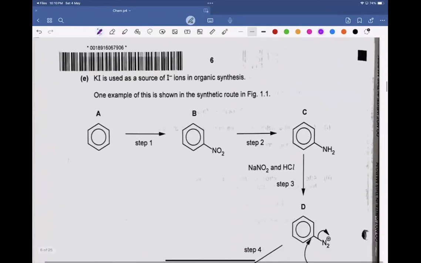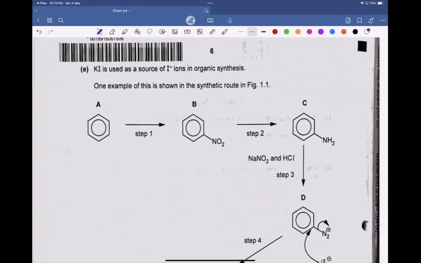Okay. Now, part E. Potassium iodide is used as a source of iodide in organic synthesis. One example of this is shown in the synthetic route in figure 1.1. Okay. So if I look here, I get concentrated nitric acid, concentrated sulfuric acid, and a 55 degrees Celsius temperature.